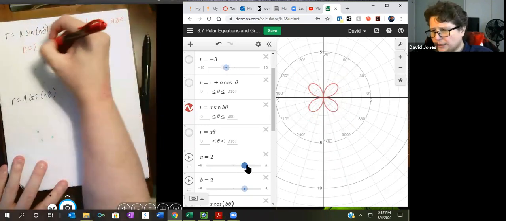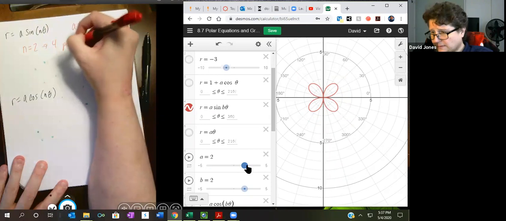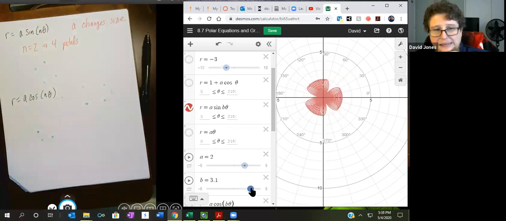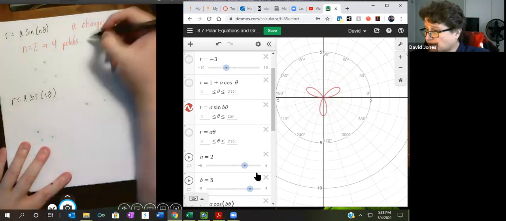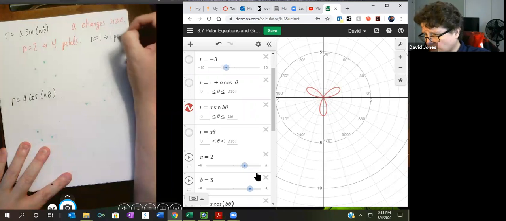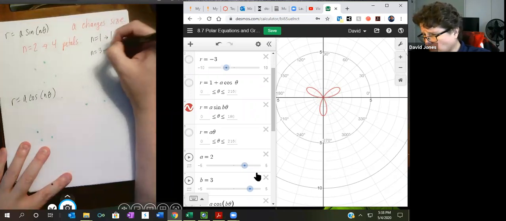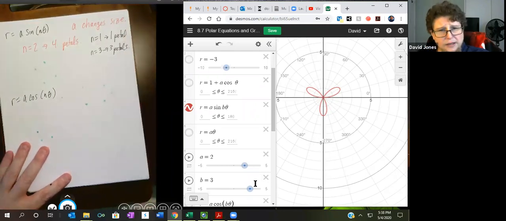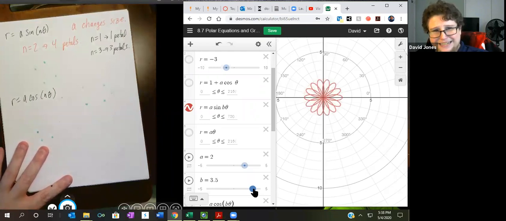N equals 2 led to 4 petals. B equals 1 is just 1 petal. Let's go up to 4. And anywhere in between, you get these really neat designs.